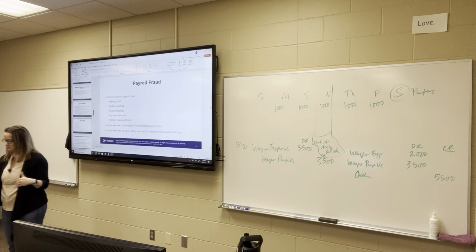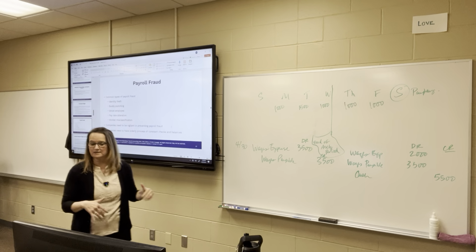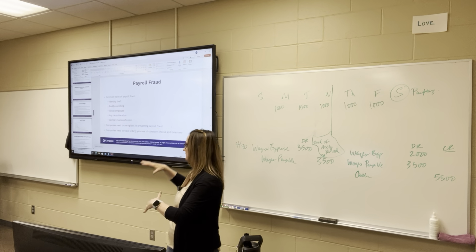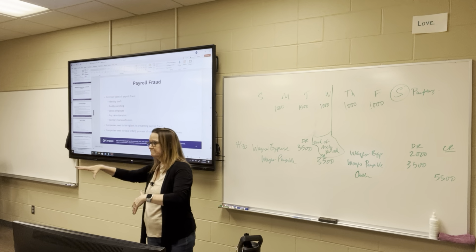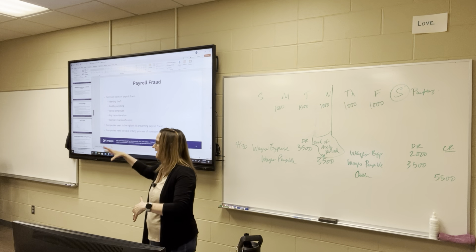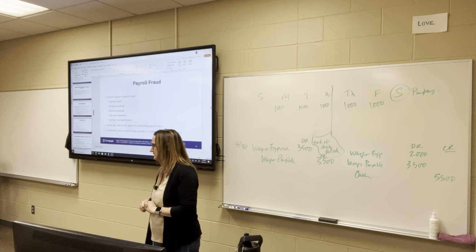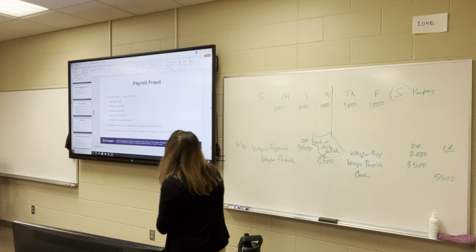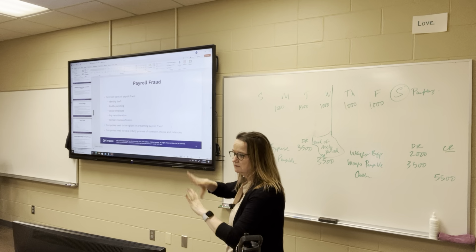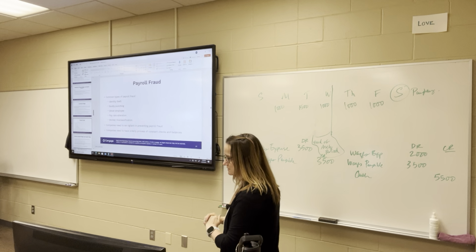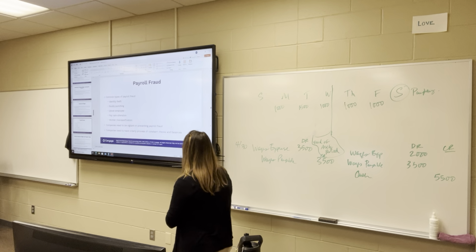That's how a lot of frauds are detected and uncovered: the person perpetrating the fraud got sick and somebody else had to come in and do their work for them, and then they discover what's been going on. And it's not just payroll, right? All sorts of different areas, that type of thing goes on.